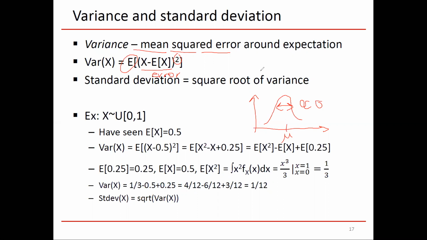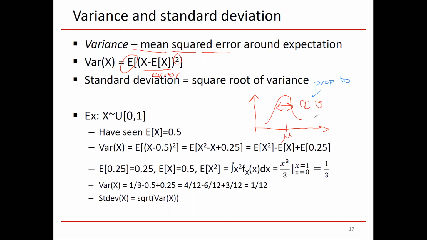And again, this symbol means proportional to. Now it could be 3 sigma, could be 1.5 sigma, depends on how you define it, but it's proportional to the standard deviation. So let's calculate the variance for this uniform distribution that we saw on the previous page.